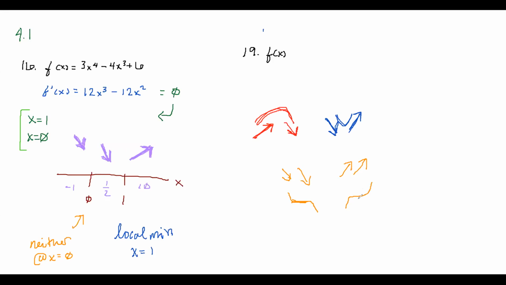Essentially the slope is equal to 0, but there is no set max or min because it continues to increase or decrease after the point. Does that make sense? More or less?